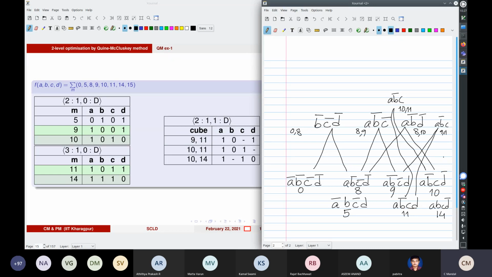So you can combine 10 and 14. If you combine 10 and 14, what you get is A, C, D bar.